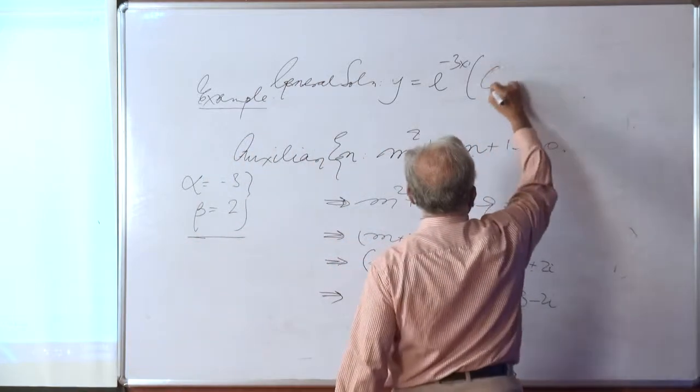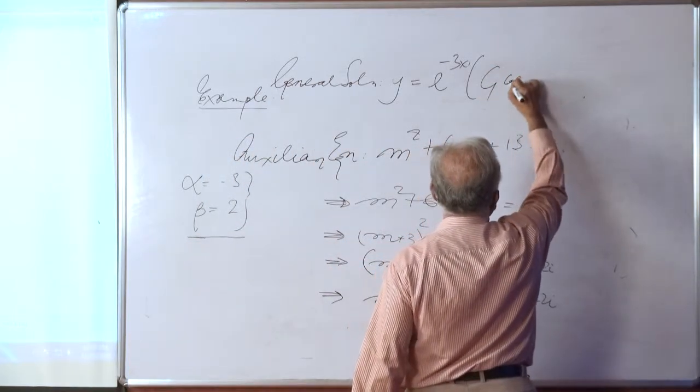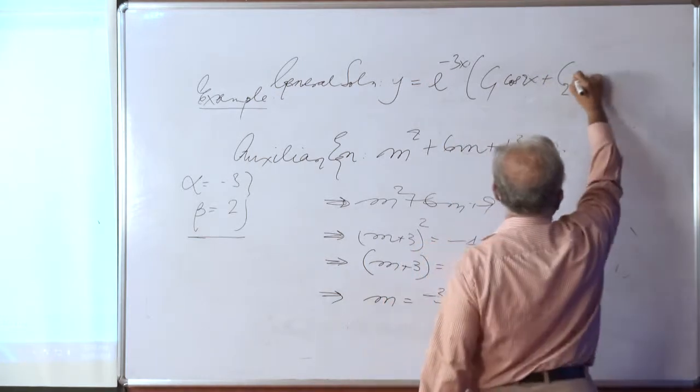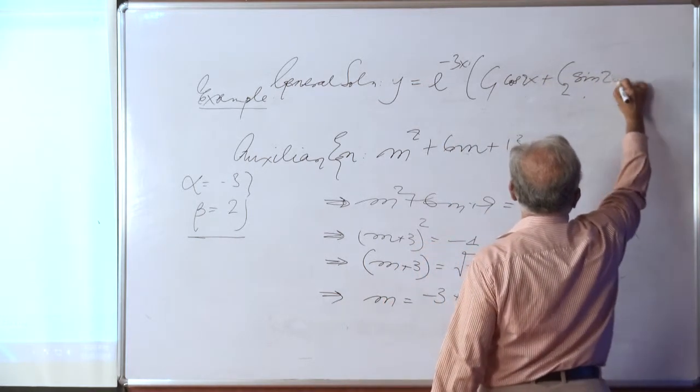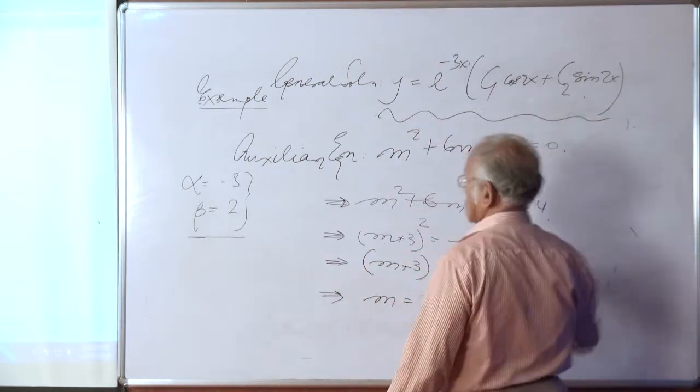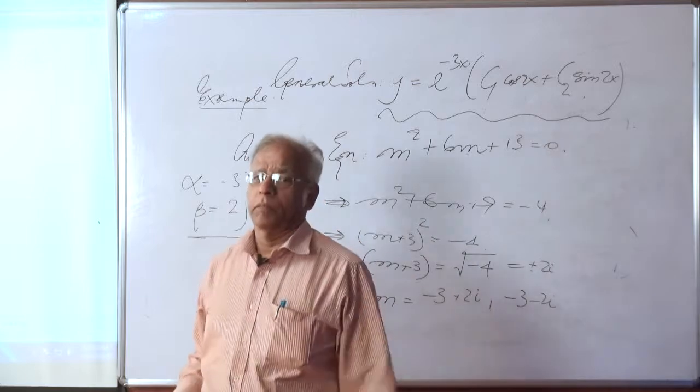So C1 cos 2x plus C2 sin 2x. This is the general solution of the equation that we have just written down.